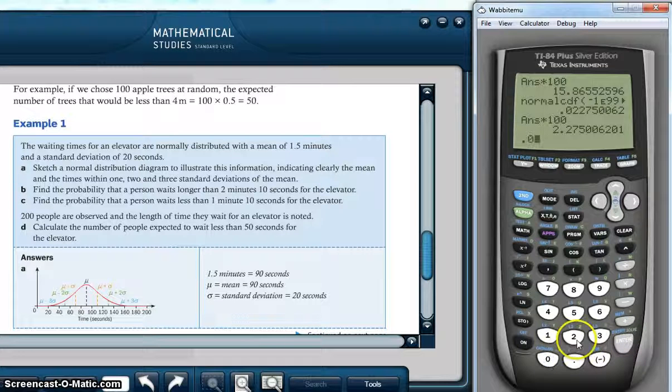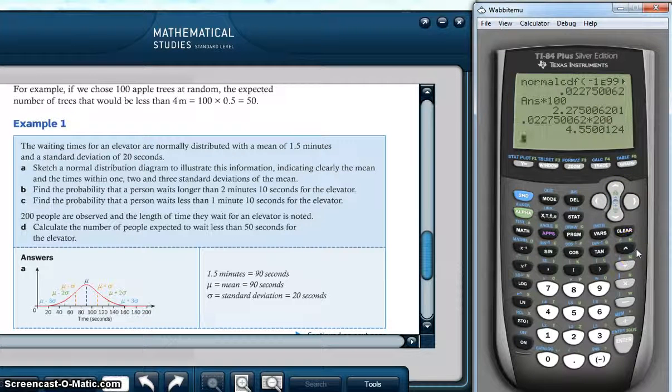So 0.02275 times those 200 people, because that's probability times the total population, is 4.5. So we would expect 4.5 people, 5 people, to wait less than 50 seconds out of all those 200 people, because 2.27% would wait less than 50.